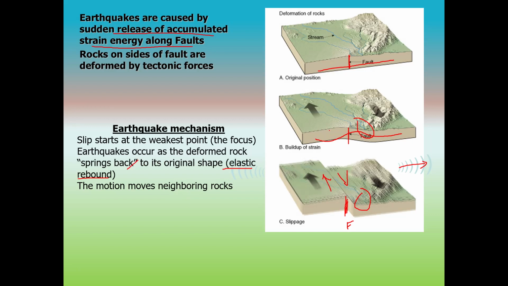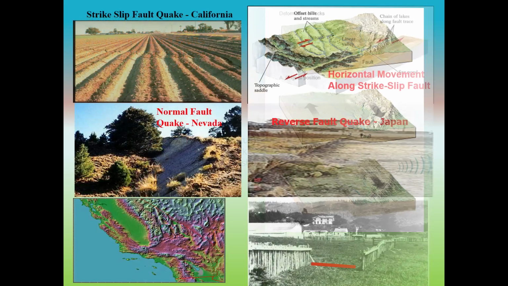That is the theory of inertia. Though they cannot come to that position, because of the springing up and down or sideways, the earthquake mechanism starts. The motion moves the neighboring rocks.